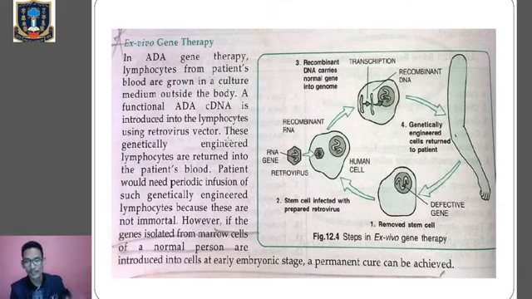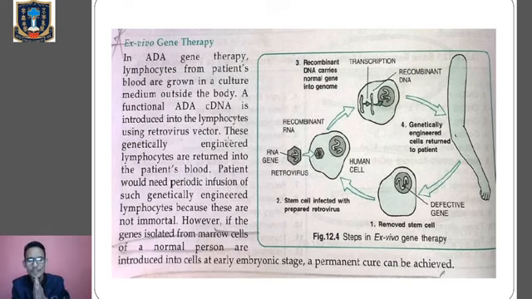Okay, then a functional ADA cDNA, that is complementary DNA, is introduced into the lymphocytes using a vector. Now, which vector are we going to use? We are going to use the retrovirus vector for the introduction of ADA cDNA into the lymphocytes.